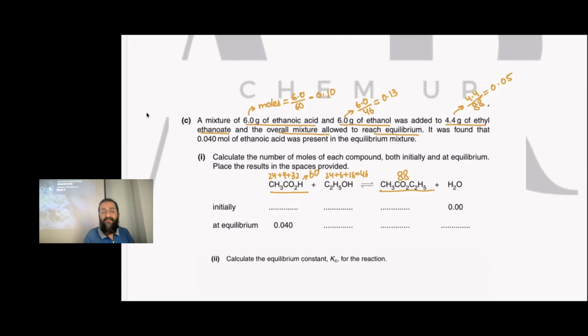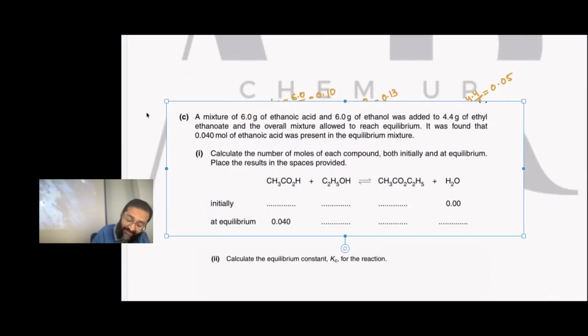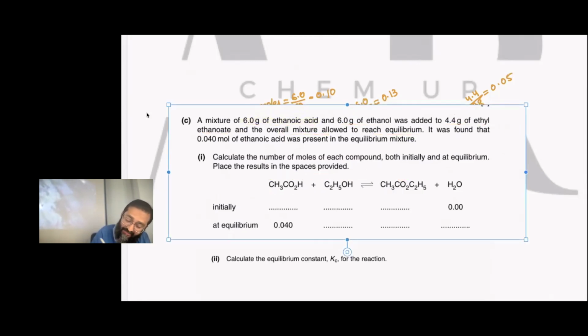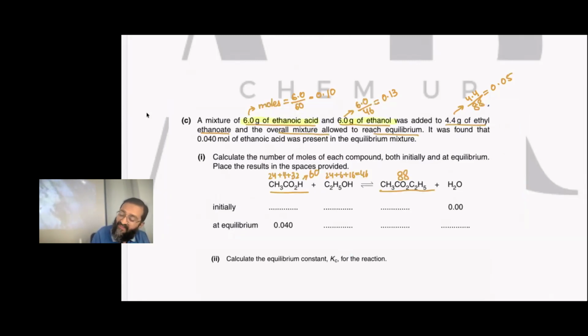Is this clear? Okay. So, if you read the question carefully, what it is stating is that a mixture of 6 gram of ethanoic acid, 6 gram of ethanol was added to 4.4 gram of ethyl ethanoate.